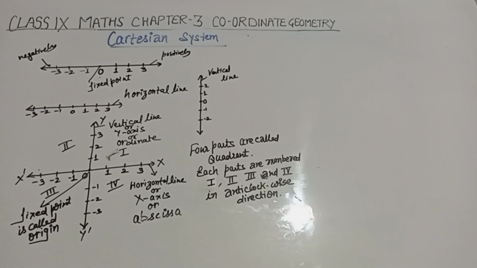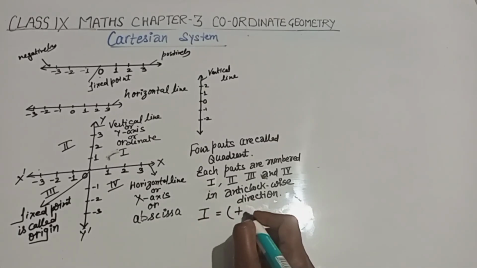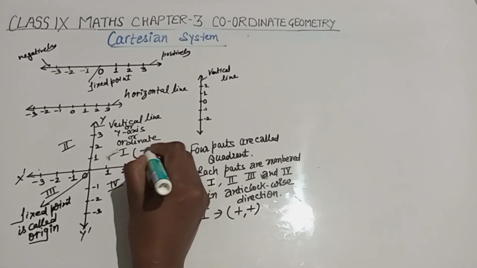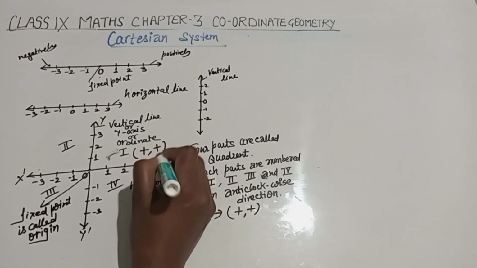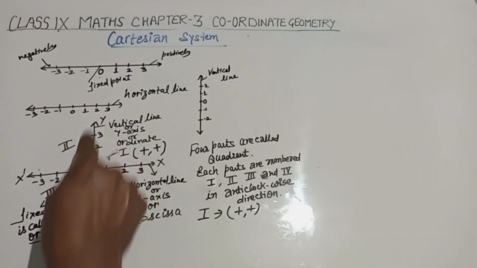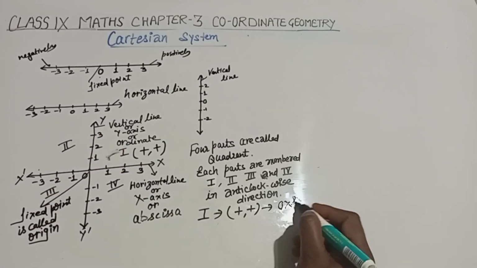The first is plus plus. It means in this quadrant each number has a plus sign. How can you say that it has a plus sign? It is in the direction of OX and OY.